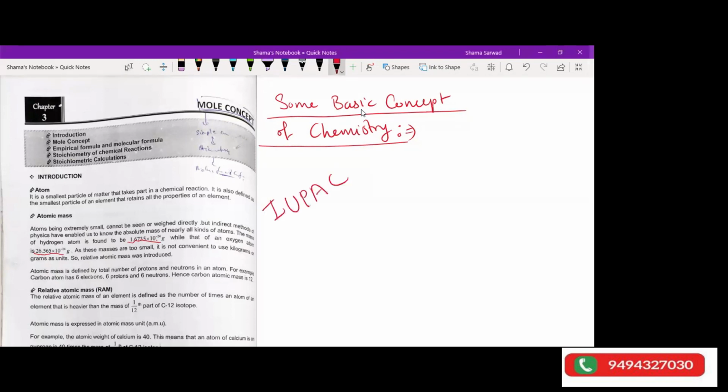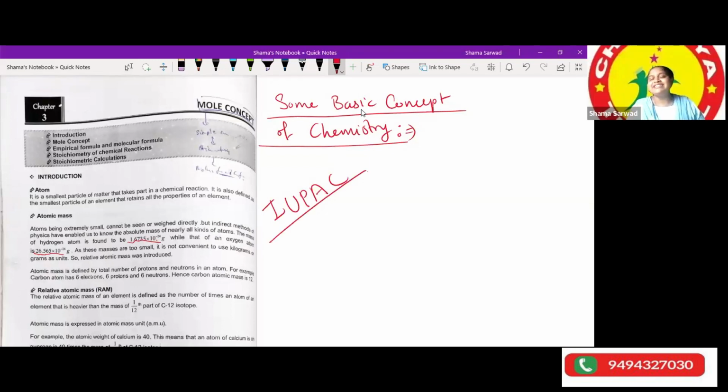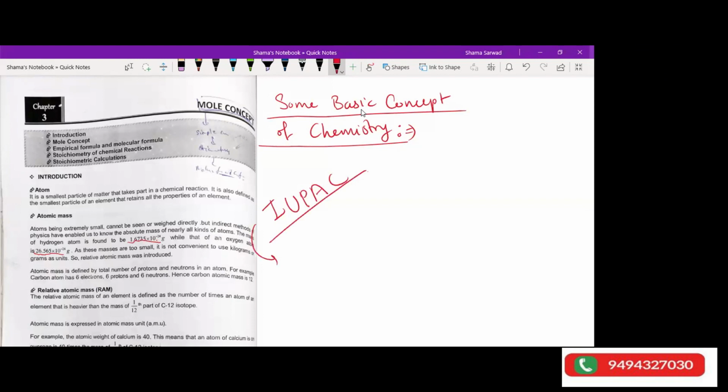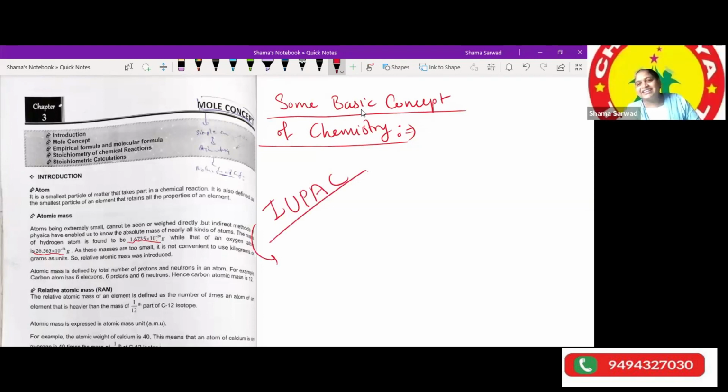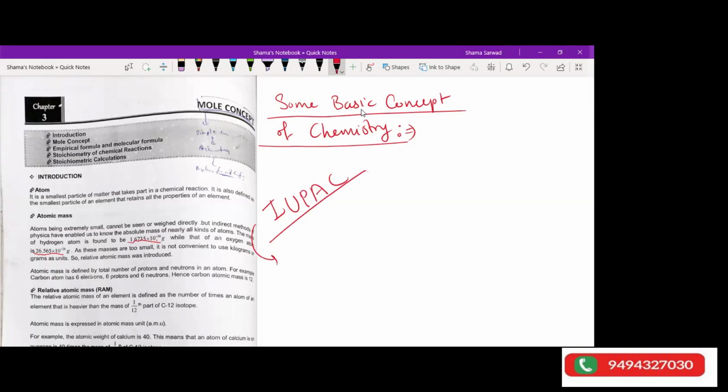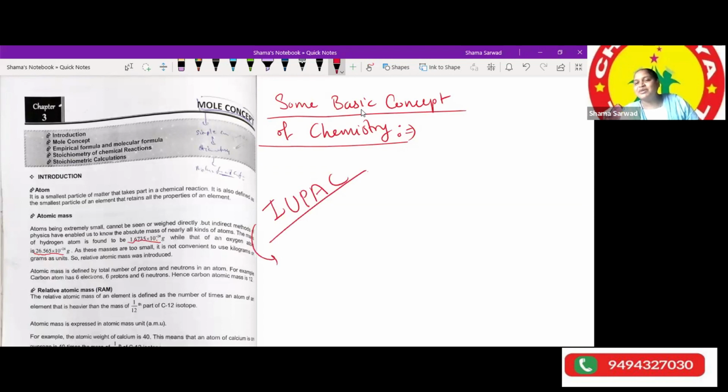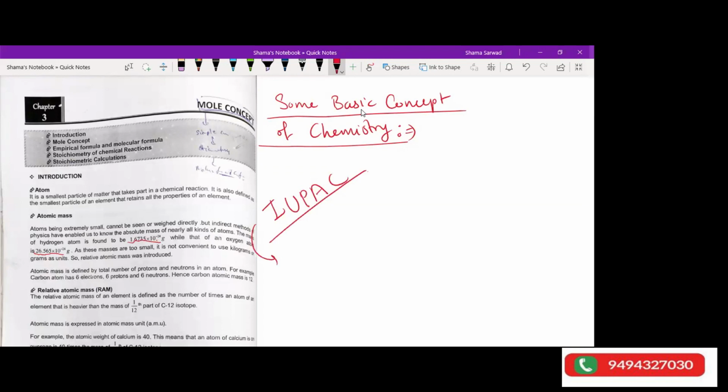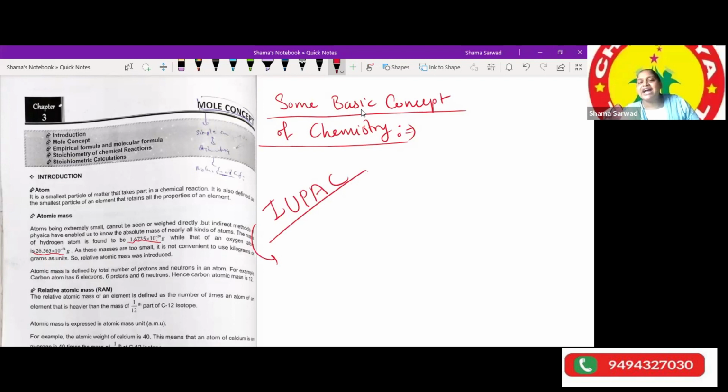IUPAC. What is this? It's an abbreviation, right? What would be the long form of IUPAC? International Union of Pure and Applied Chemistry.